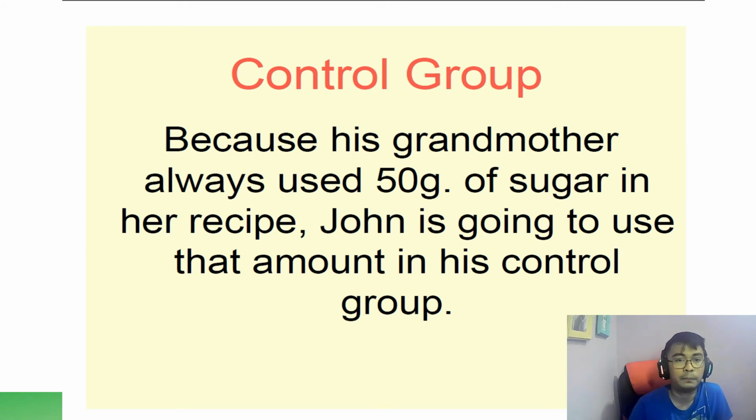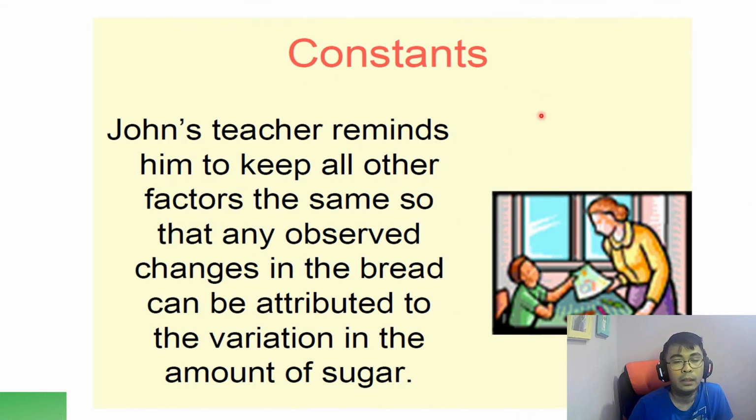control group. Now, constants. What is constant? Constant is a factor that is being kept the same, right? So John's teacher reminds him to keep all the other factors the same so that any observed changes in the bread can be attributed to the variation in the sugar. Okay? So, lahat ng bagay na i-retain natin can be regarded as constant.